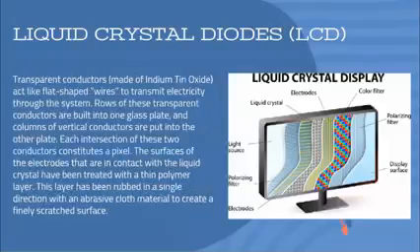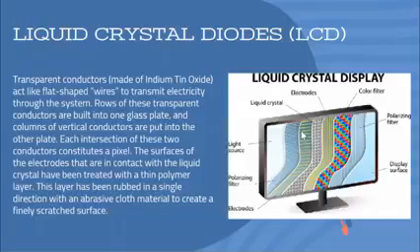Transparent conductors made of indium tin oxide act like flat-shaped wires. So the conductors here are what we call the electrodes. Okay, this one and this one. Transparent conductors act like flat-shaped wires to transmit electricity throughout the system. Rows of these transparent conductors are built into one glass plate, and columns of vertical conductors are put into the other plate.